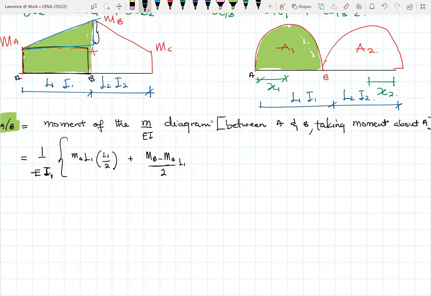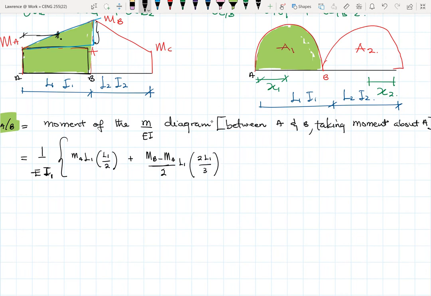Then from the centroid of the triangle to the base here, or to A, will be 2/3 of L1. So 2L1 over 3.